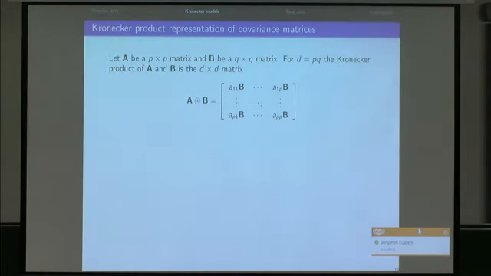Indeed, that's the Kronecker product representation, right? Where you effectively inject a small covariance matrix B, of dimension Q by Q, into a matrix that is PQ by PQ by applying another matrix A in a Kronecker product left operation to B, and then you get this type of replication.